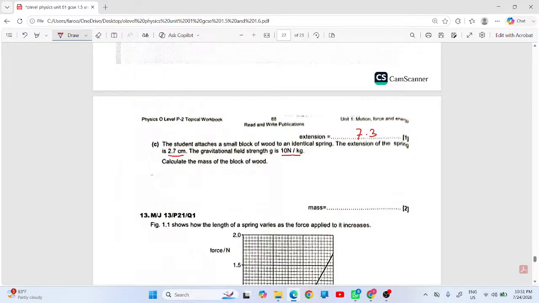Value of tension, and the length is what? 0.5. Right?